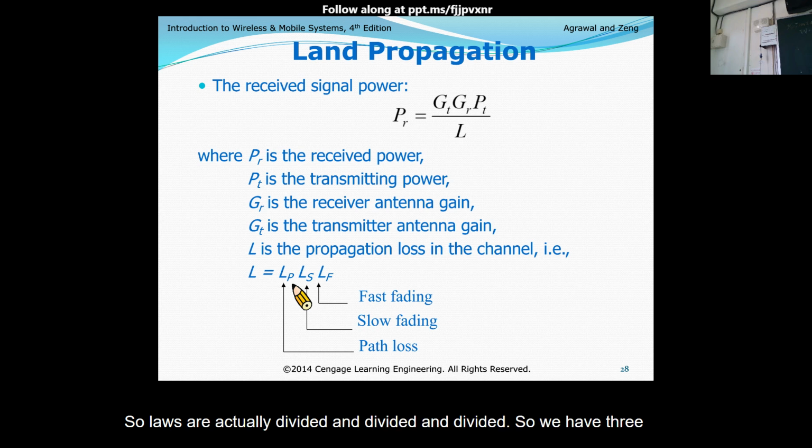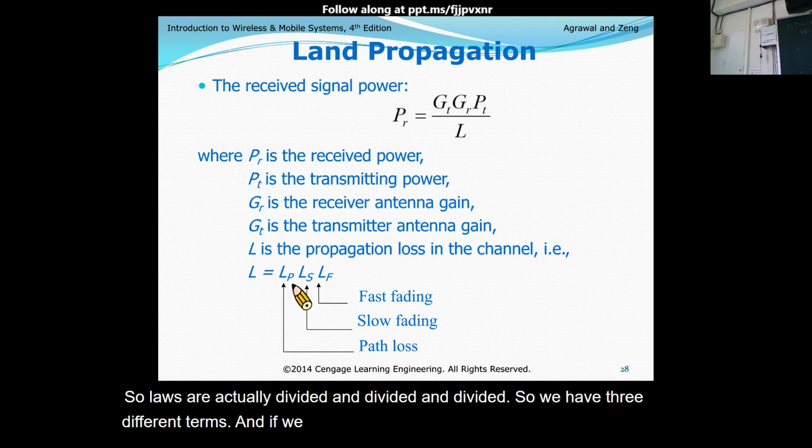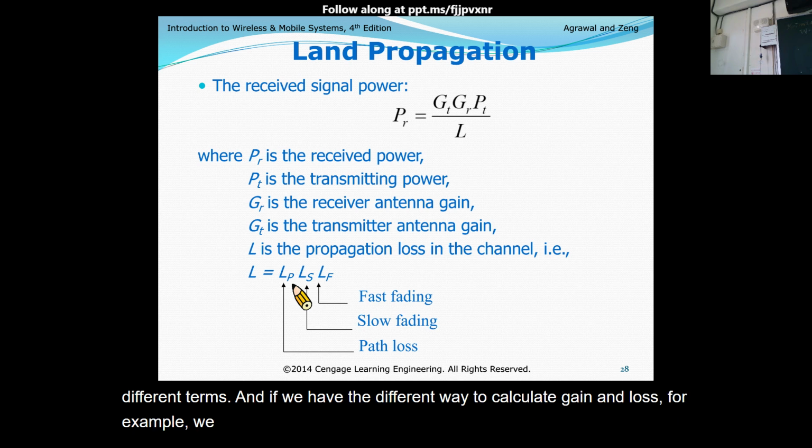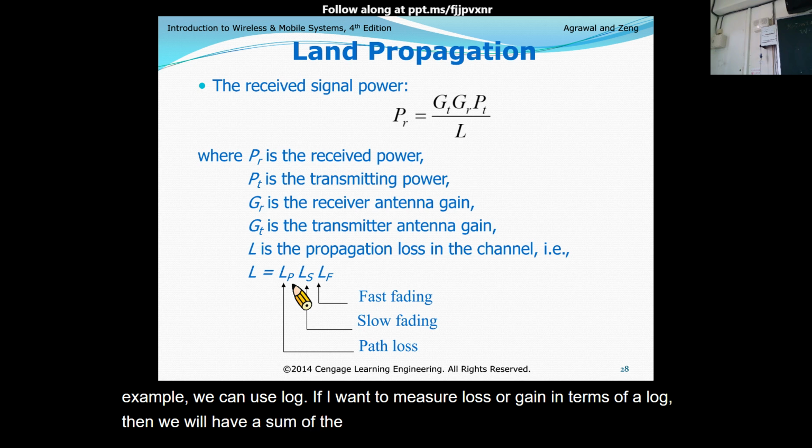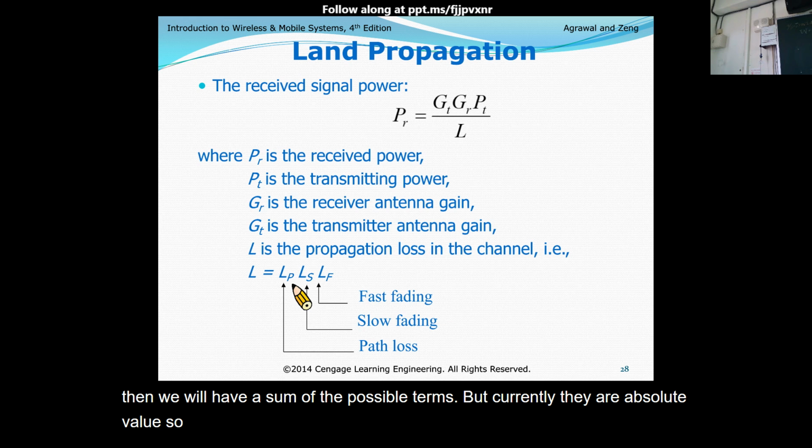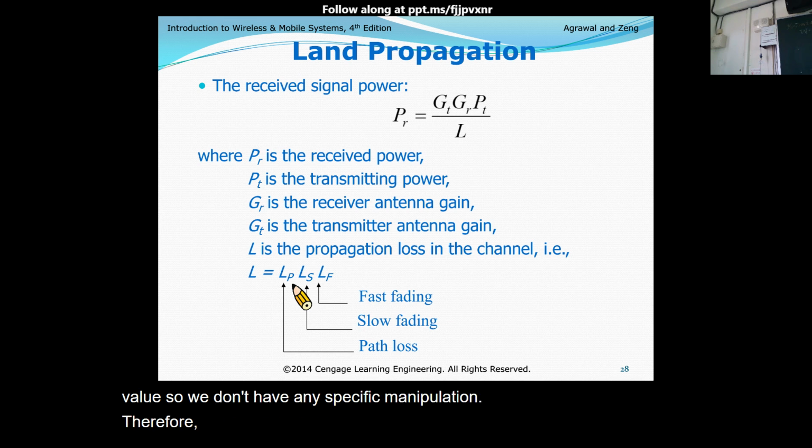And if we have a different way to calculate gain and loss, for example, we can use log. If we want to measure loss or gain in terms of a log, then we will have a sum of the possible terms. But currently, they are absolute values, so we don't have any specific manipulation. Therefore, we have the multiplication directly rather than the sum of all the terms.